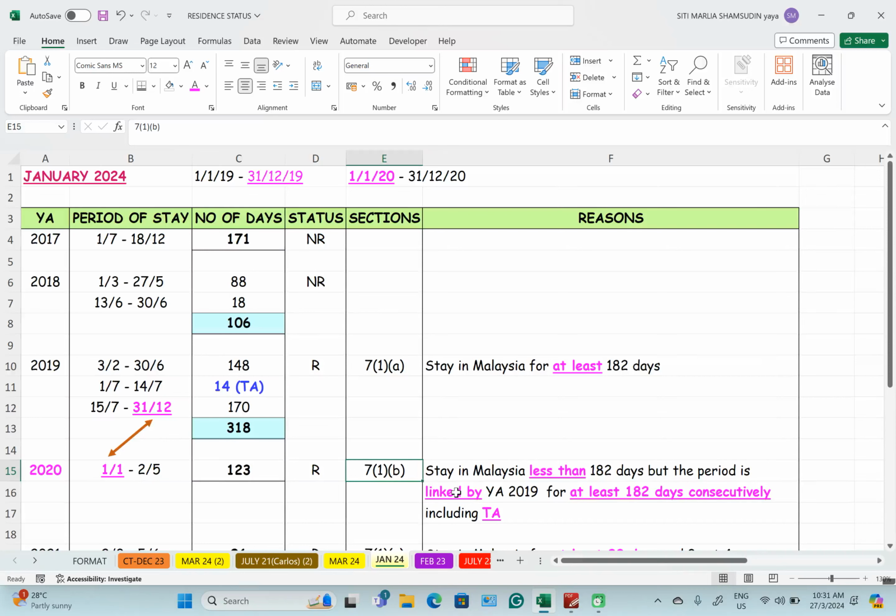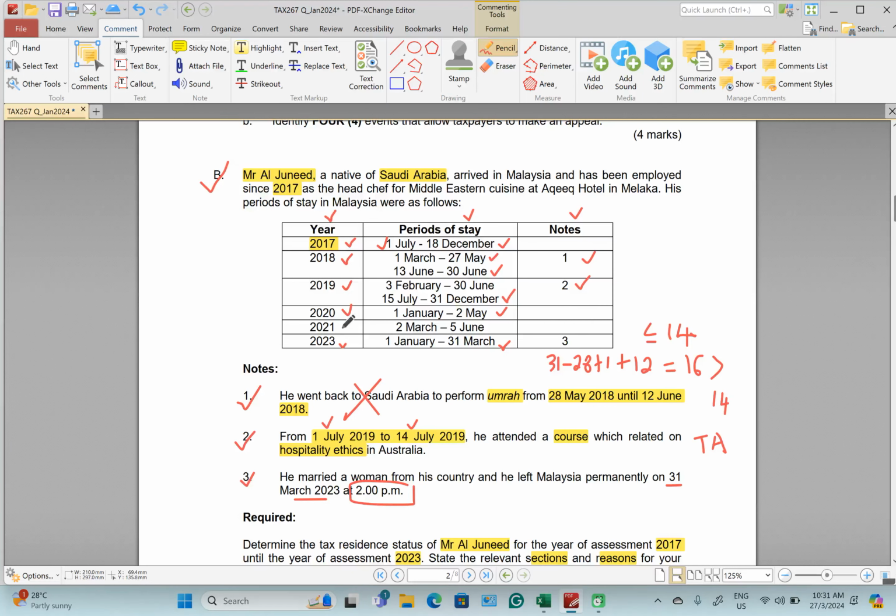You need to mention what is the year. Okay, 2019 here. So linked by YA 2019. What kind of help do we need from 2019, everyone? 182 days consecutively, including TA. So this is how you give reason for 2020. Okay, alright, done.